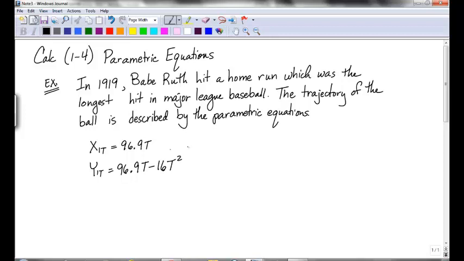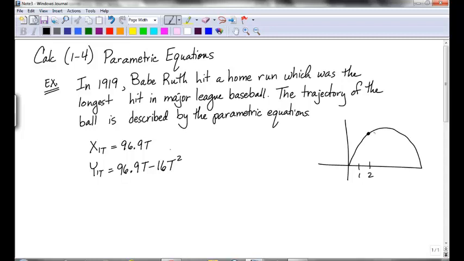Now, most of the time, if you're showing the path of a baseball, it would look like this, right? And most of the time, in function mode, you would be able to say, after 2 seconds, how high is that ball?